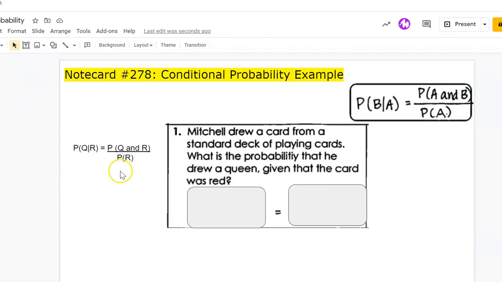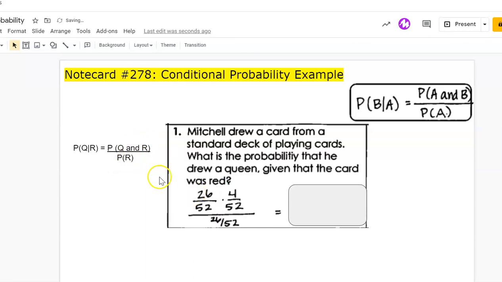Well, I went in right here and put the letters that make sense to me in context of the problem. So the probability that he draws a queen given that vertical line means given that the card was red. Okay, the card is red. So using this formula, it would just be the probability of Q and R. Now I know they put A and B. It's just probability that it's queen and it's red over the probability that it's just red.